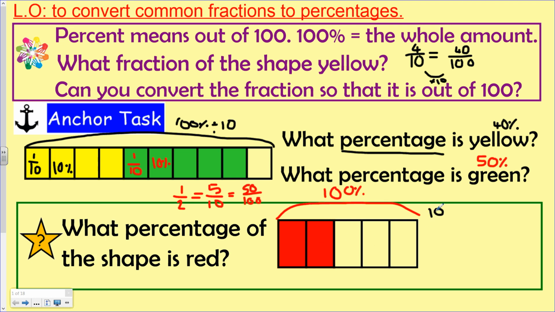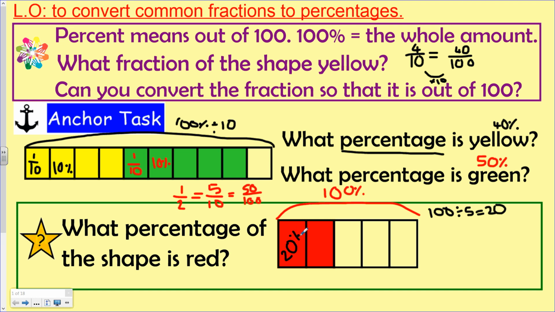So 100 divided into 5 equal parts equals 20. That means each part represents 20 hundredths, 20 bits of that 100, so therefore each must equal 20%.